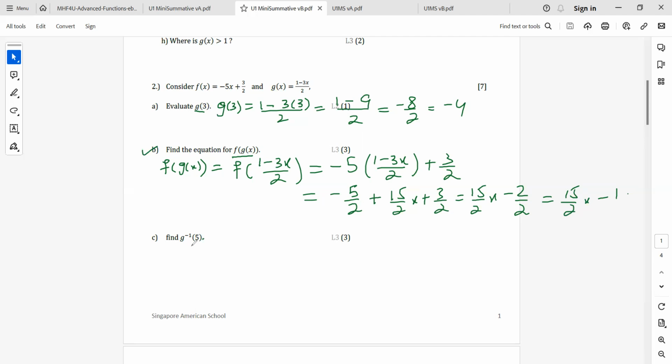Next, g inverse of 5. It means first of all we need to take the function g of x. Function g of x is equal to 1 minus 3x by 2. We know g of x is equal to y, 1 minus 3x by 2. To find the inverse, first of all, change x and y. The first step to find inverse is change x and y.